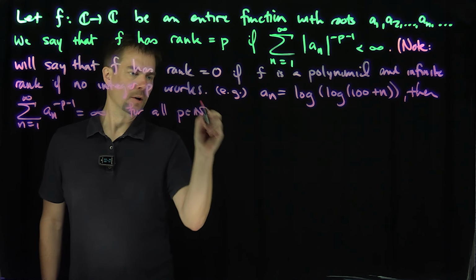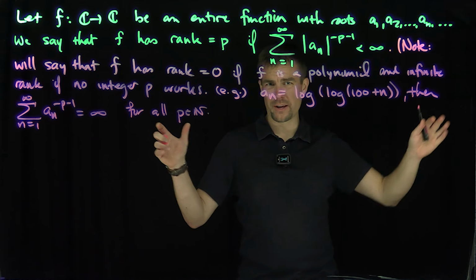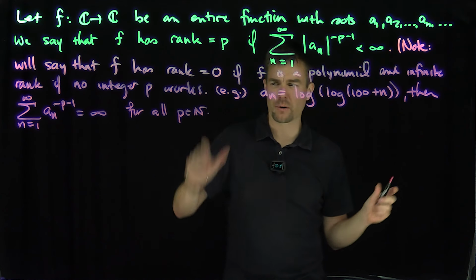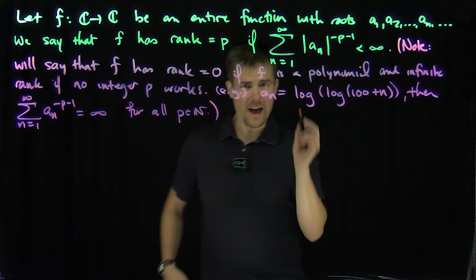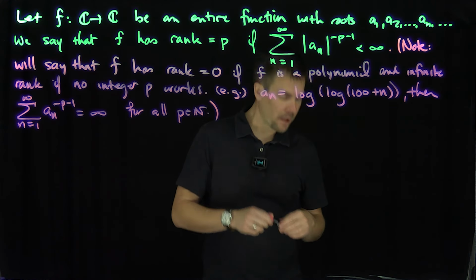That's an entire function where the zeros go to infinity so slowly it won't be finite rank, it'll be infinite rank. So there are phenomena like this. That's what it means to be finite rank p.